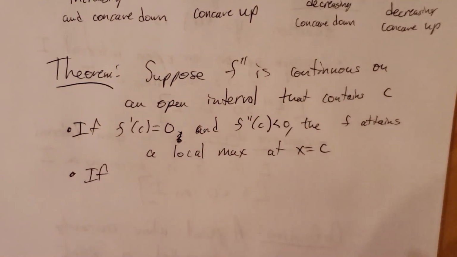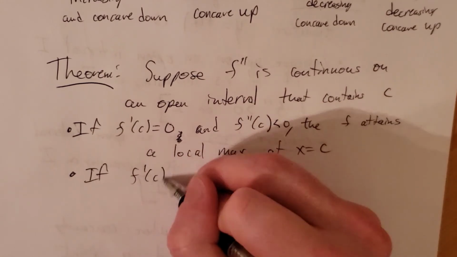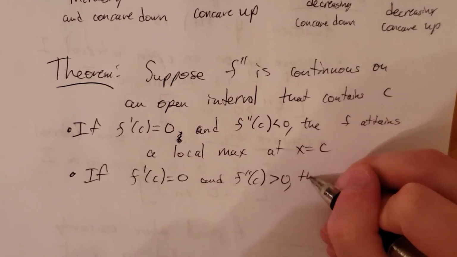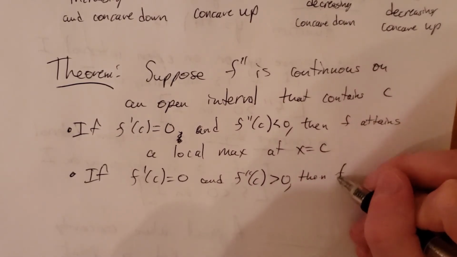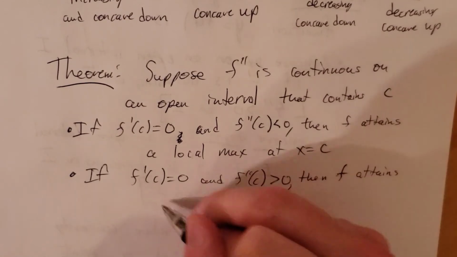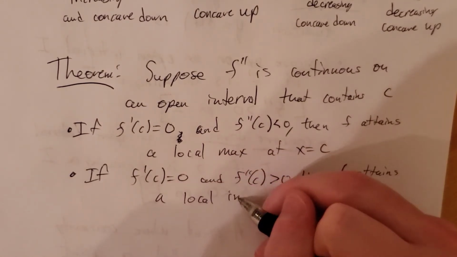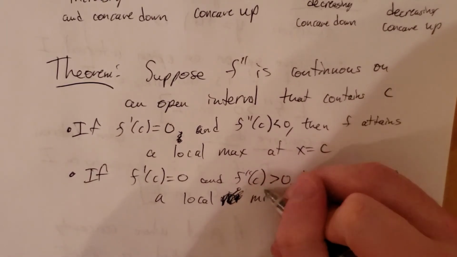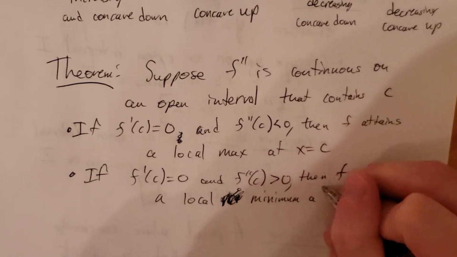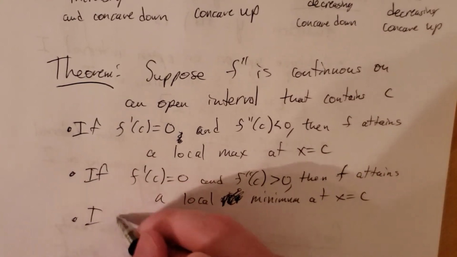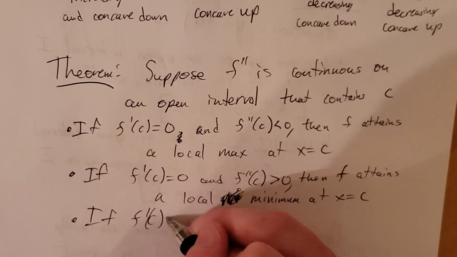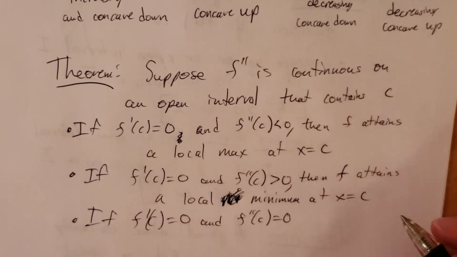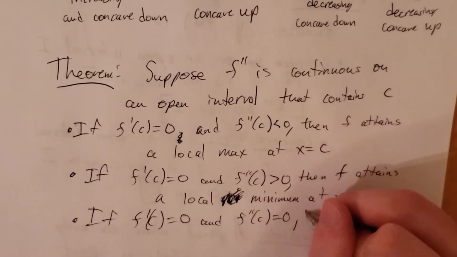But I want to finish writing out this theorem. If f prime of C is equal to 0 and f double prime of C is greater than 0, then f attains a local minimum at x equals C. And finally, if f prime of C is equal to 0 and f double prime of C is equal to 0 as well, then we learn nothing.